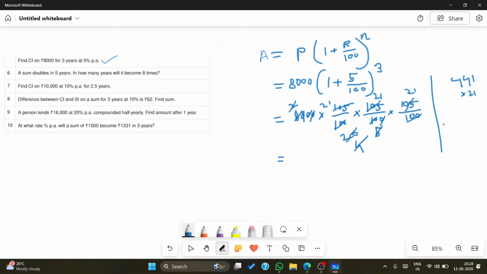So 441 multiplied by 20 is 8820, plus 441, that is 9261.